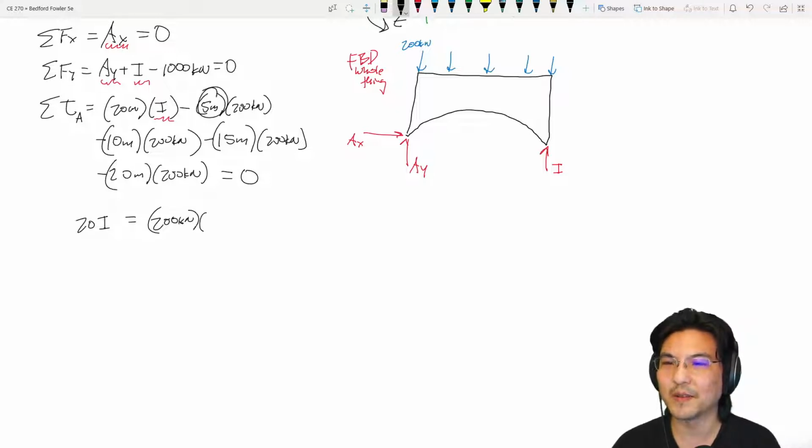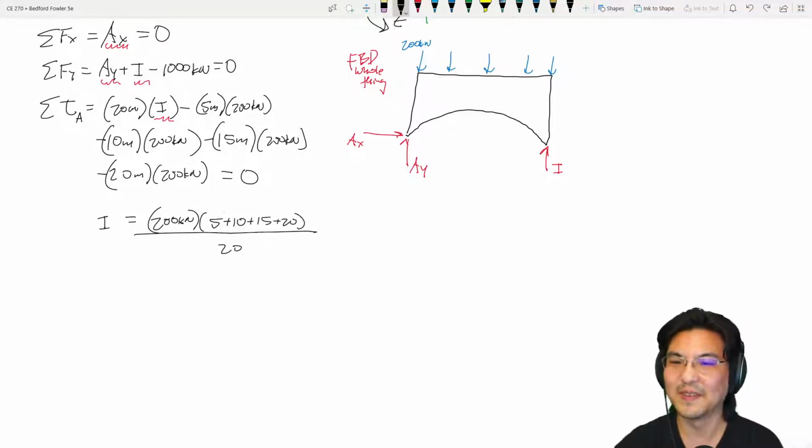And then what's left is 5, 10, 15, 20. 5, 10, 15, 20. Right, and then just this goes in the denominator here. Okay, and, well, this is 30, 40, 50, right, so that's 50.